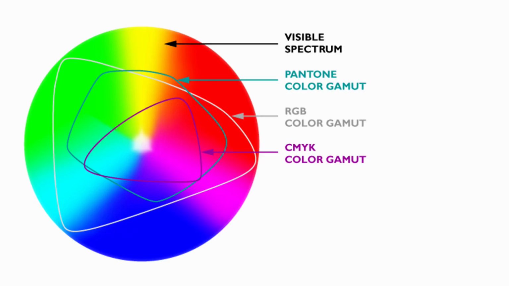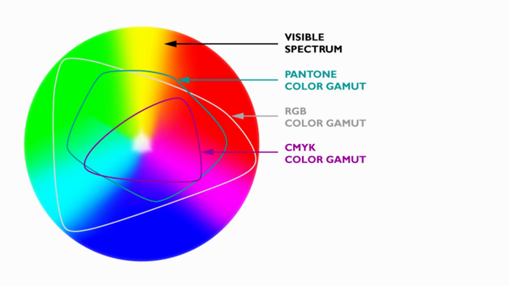Here is a diagram that explains the different color gamuts. The outer circle represents all the colors possible in the environment, all the colors in the world. The second shape represents all 16.8 million colors that a computer monitor can display. This is the red, green, blue, or RGB gamut.